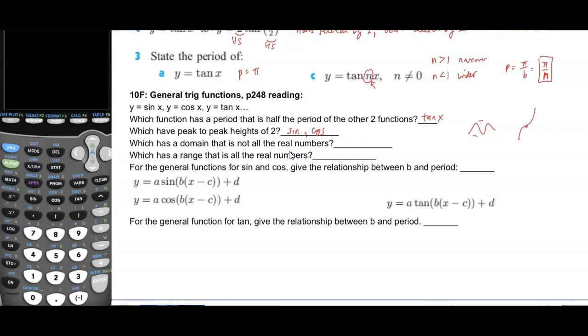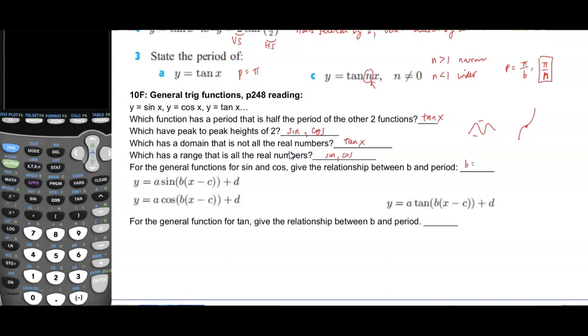Which has a domain that is not all real numbers? So sine and cosine, remember, the domain is all real numbers. Tangent has vertical asymptotes, so there's some values of x which tangent doesn't exist. Which has a range that is all the real numbers? That would be sine and cosine. For the general functions for sine and cosine, give the relationship between b and the period.